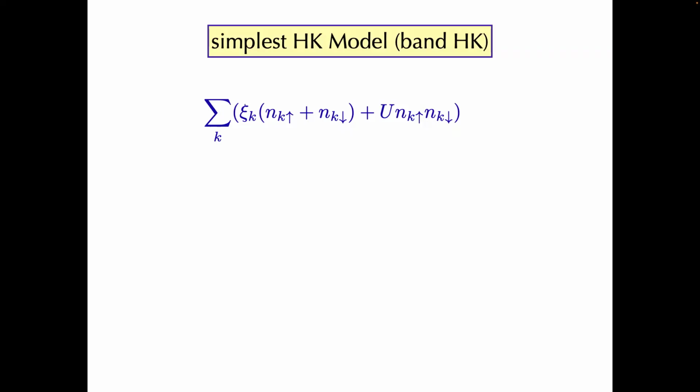The moment you put 2 electrons into the same momentum state, you're moving that state up in energy. So if U is bigger than the bandwidth, you have an insulator. So it's the simplest way of thinking about the Mott problem. In fact, it's the simplest way of breaking a Fermi liquid, because what you have explicitly then is singly occupied states below the chemical potential.